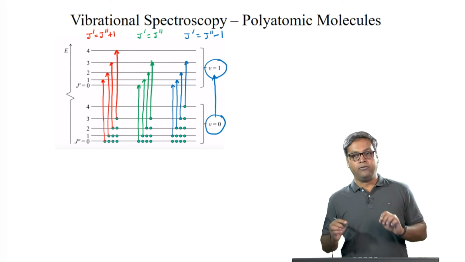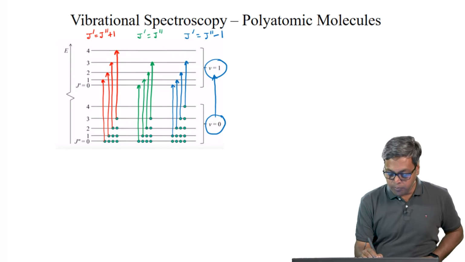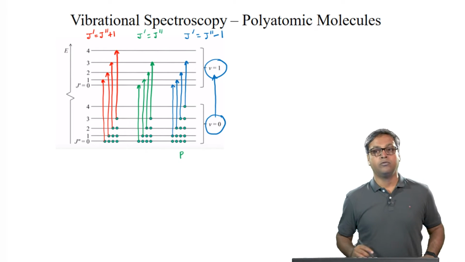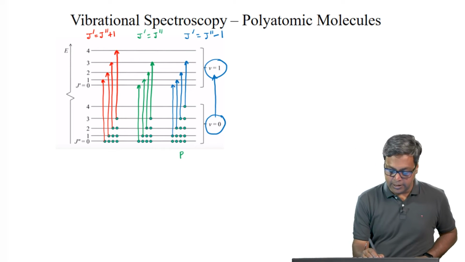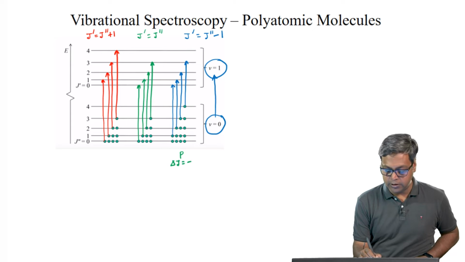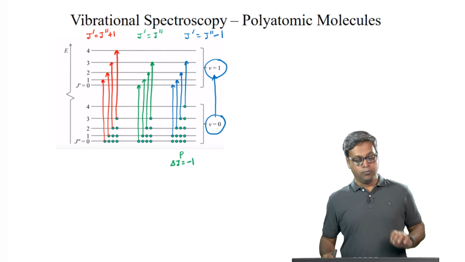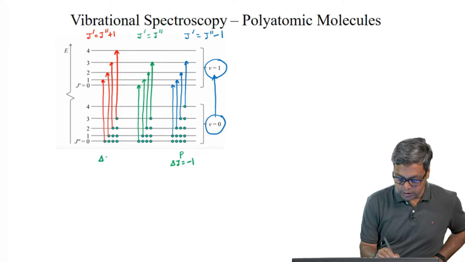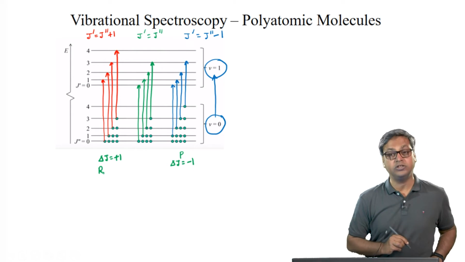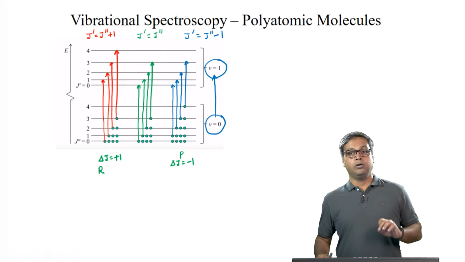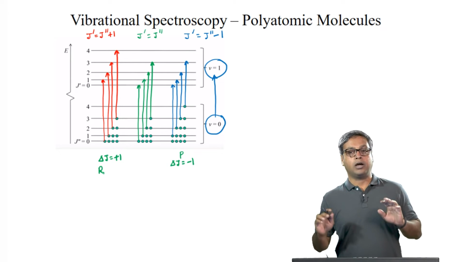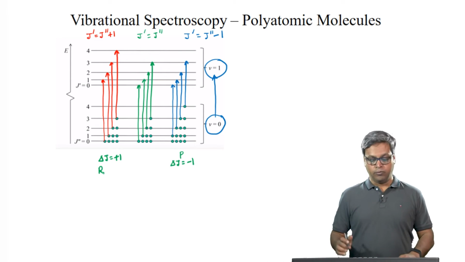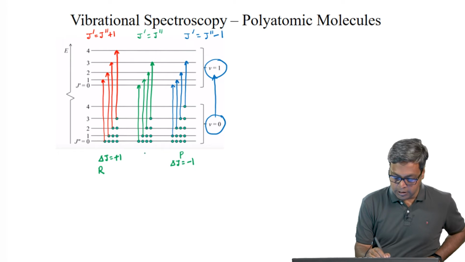So, we can have a P branch for which delta J equals minus 1. We can have an R branch for which delta J equals plus 1. This is the R branch, and we can have a Q branch for which delta J equals 0.